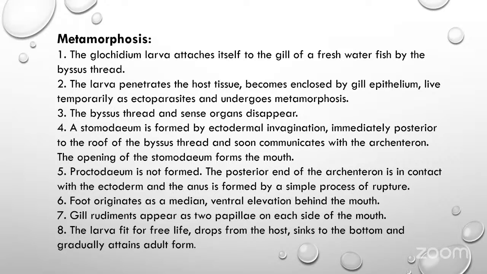The posterior end of the archenteron is in contact with the ectoderm and the anus is formed by a simple process of rupture. The foot originates as a median ventral elevation behind the mouth. Gill rudiments appear as two papillae on each side of the mouth. The larva, fit for free life, drops from the host, sinks to the bottom and gradually attains adult form.